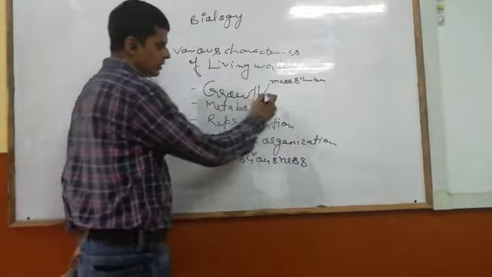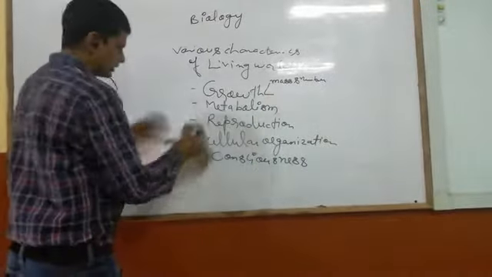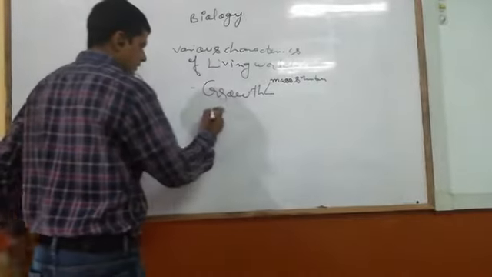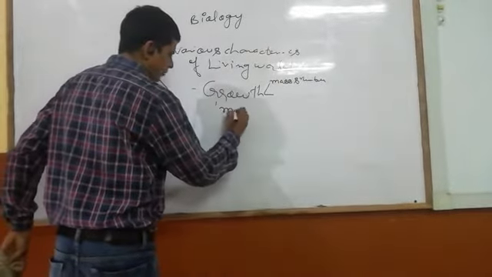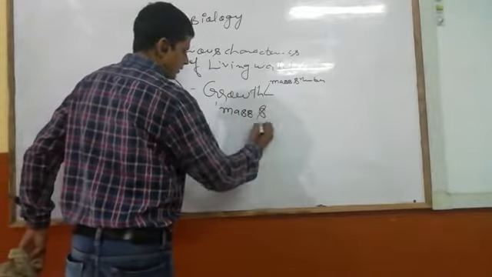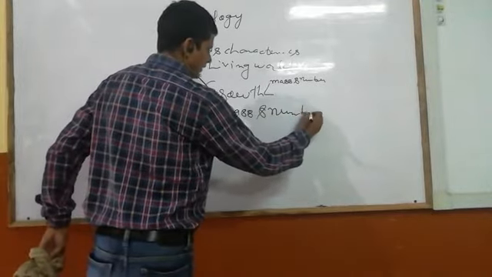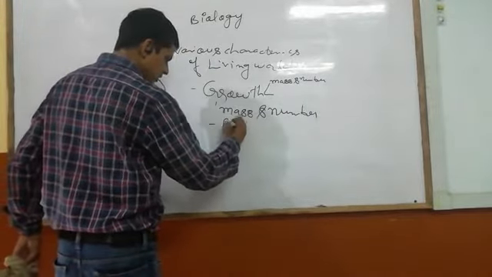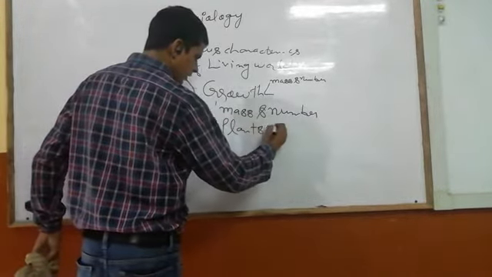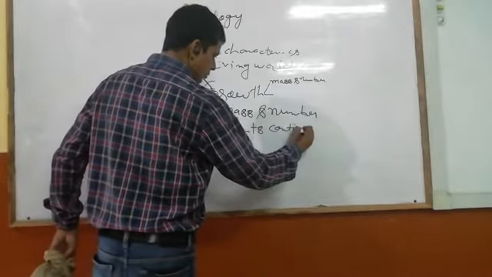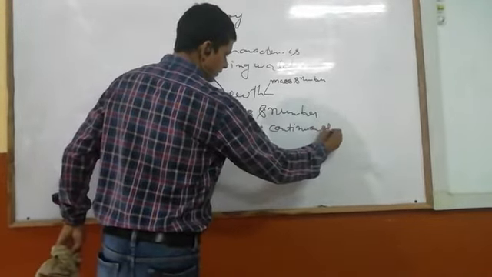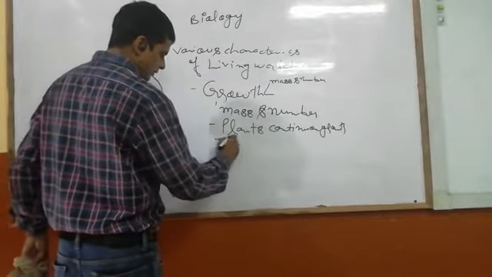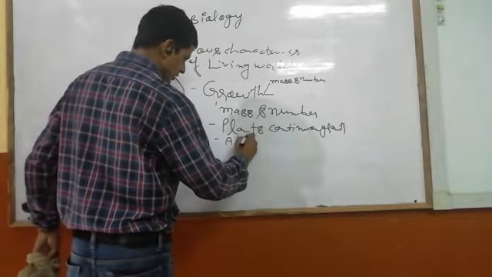Growth: mass and numbers increase. Plants show continuous growth; animals grow only to a certain age.